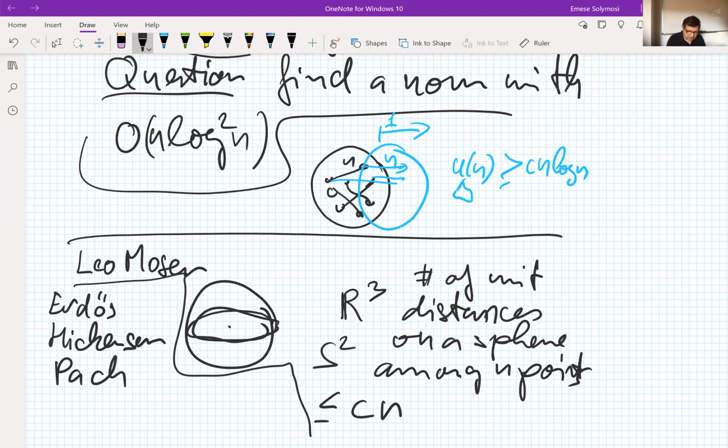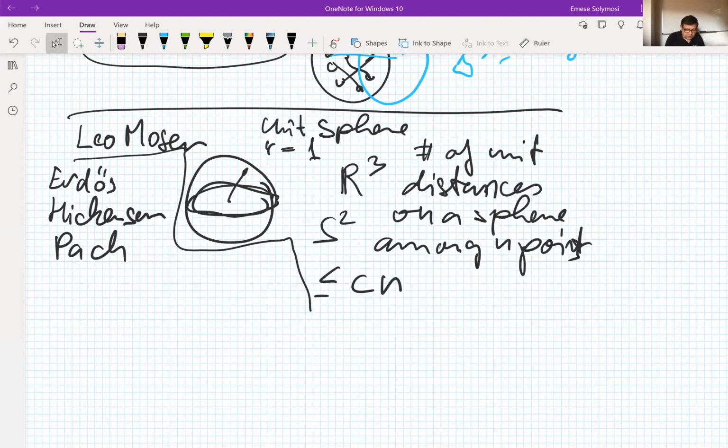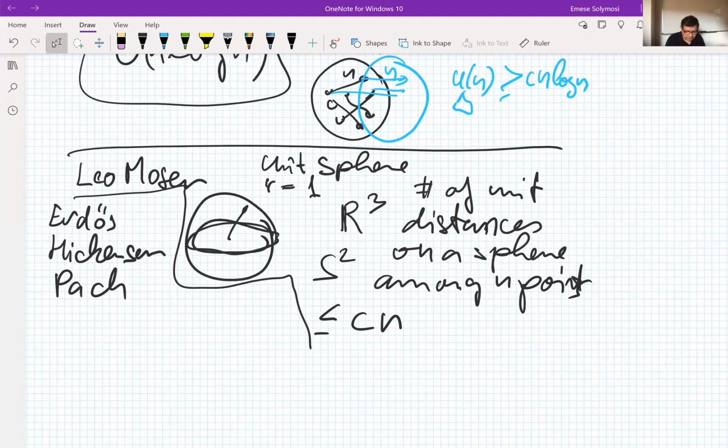If this is the unit sphere, so with radius 1, then there is a nice construction where, if the distance you are trying to count the number of occurrences of is √2, then you can easily find again n to the 4/3 unit distances.